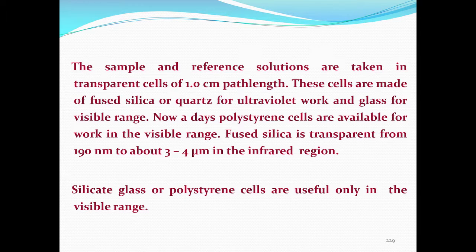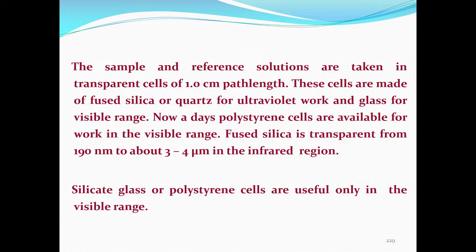Of course, they will be useful for the visible range also, but the glass ones are not useful for ultraviolet range, that is 180 to 350 nanometers, for that we need only quartz.